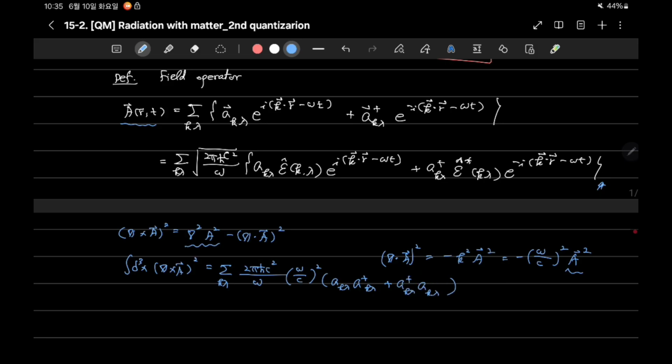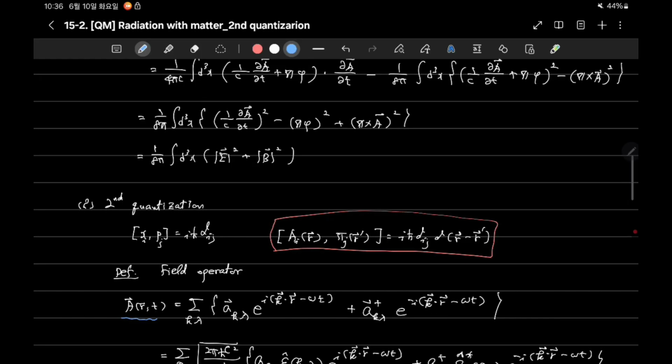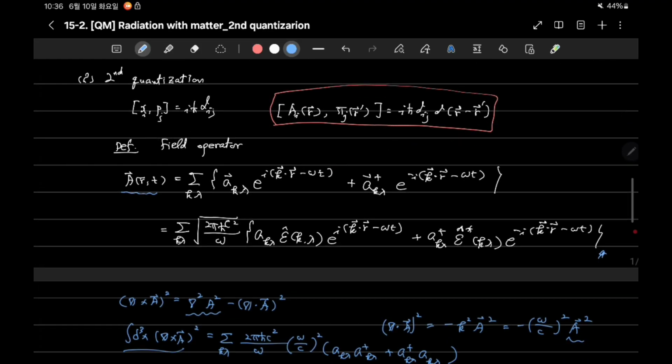That is this one. Also here we should calculate this term in the partial derivative.